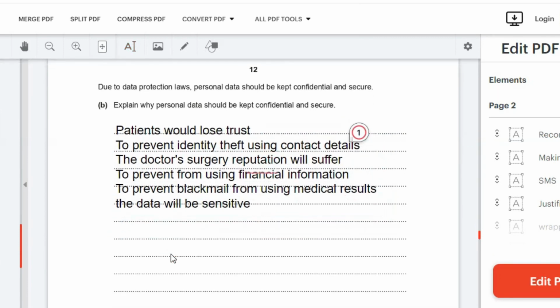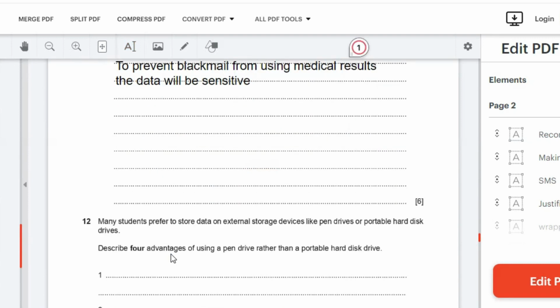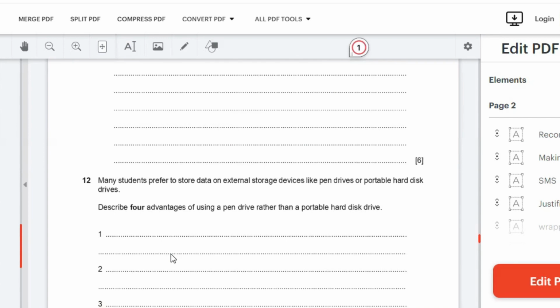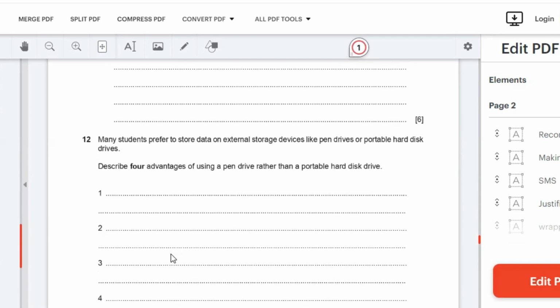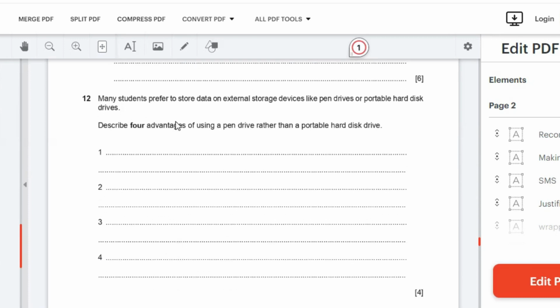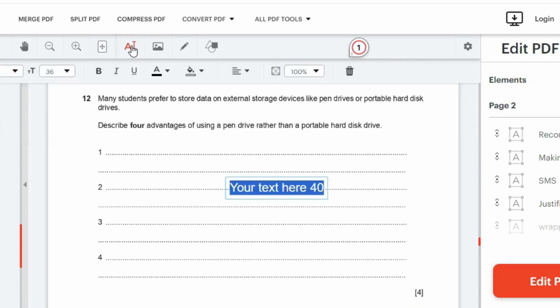Question 12 says, many students prefer to store data on external storage devices like pen drives or portable hard disk drives. Describe 4 advantages of using a pen drive rather than a portable hard disk drive. Yes, what are the advantages?